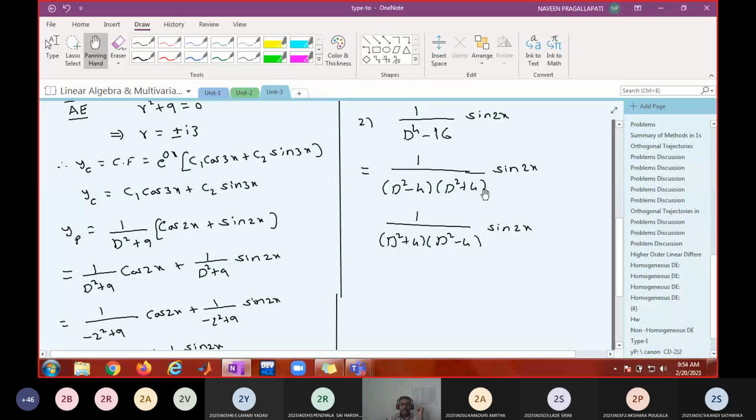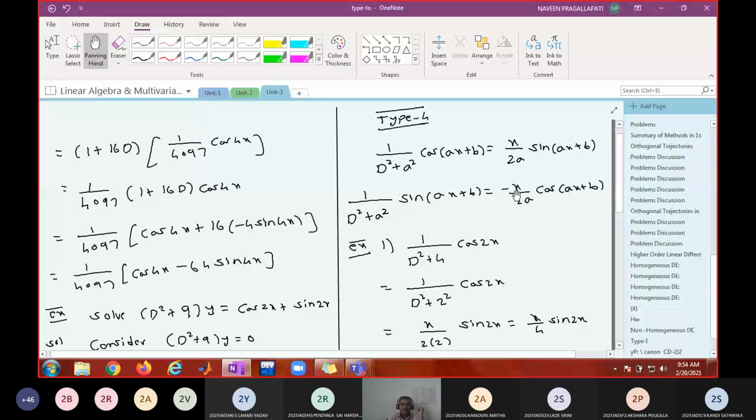If it is minus 4 plus 4 is 0, then you have to apply this formula, but this formula contains x. So x into a trigonometric function, to that function you have to apply this. But instead, if you prefer this order, d square replaced with minus 2 square is minus 4, minus 4 minus 4 is minus 8.